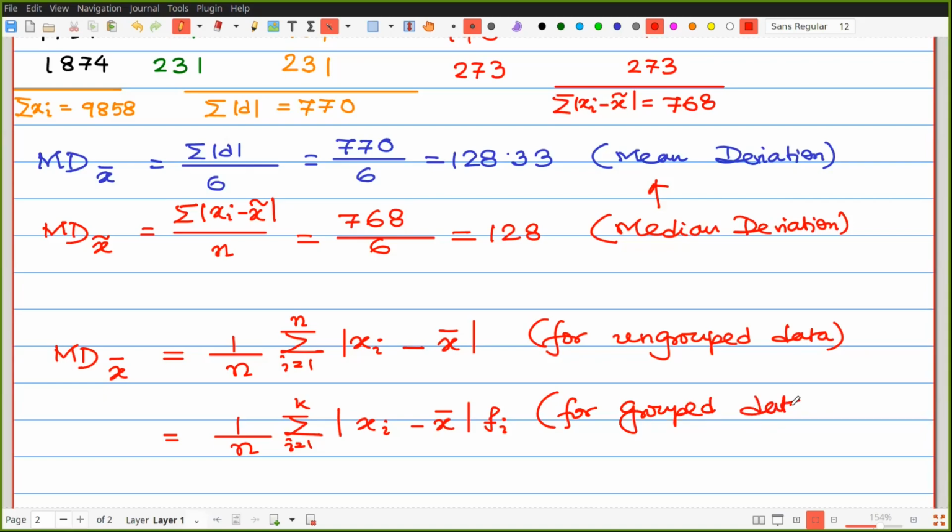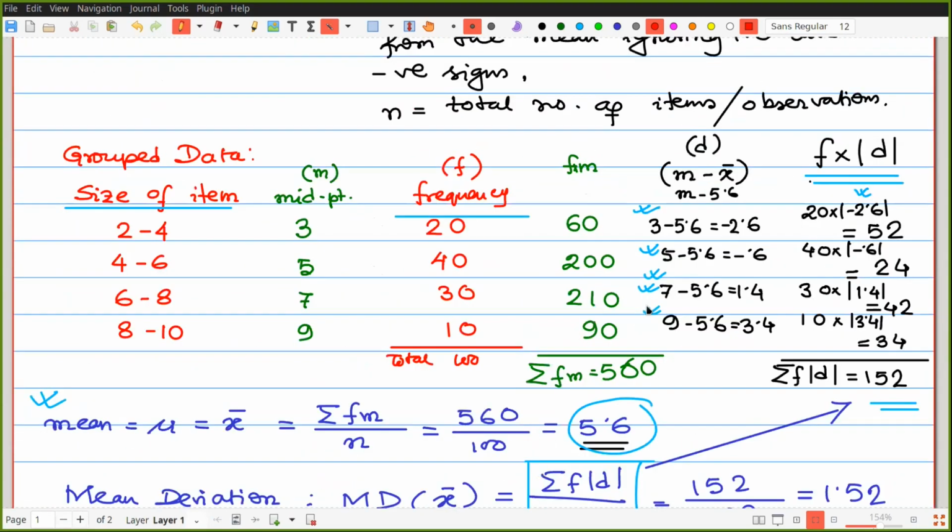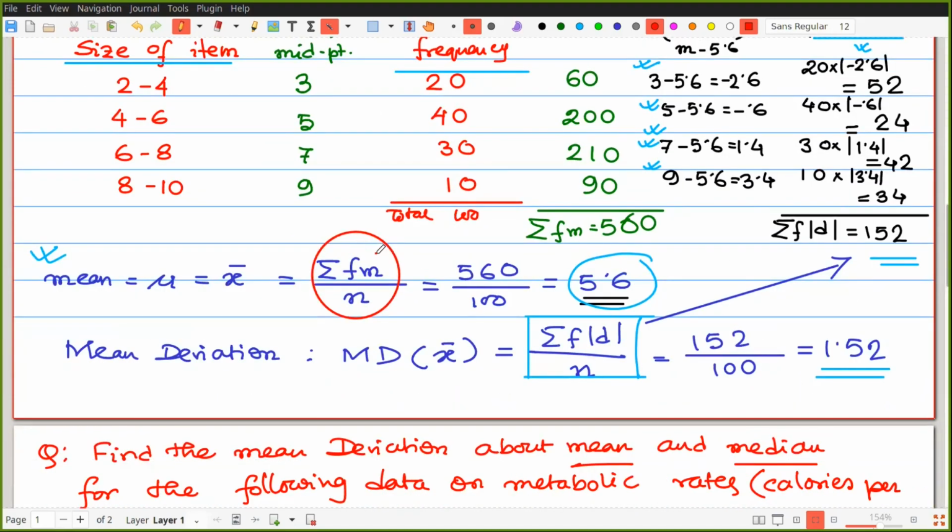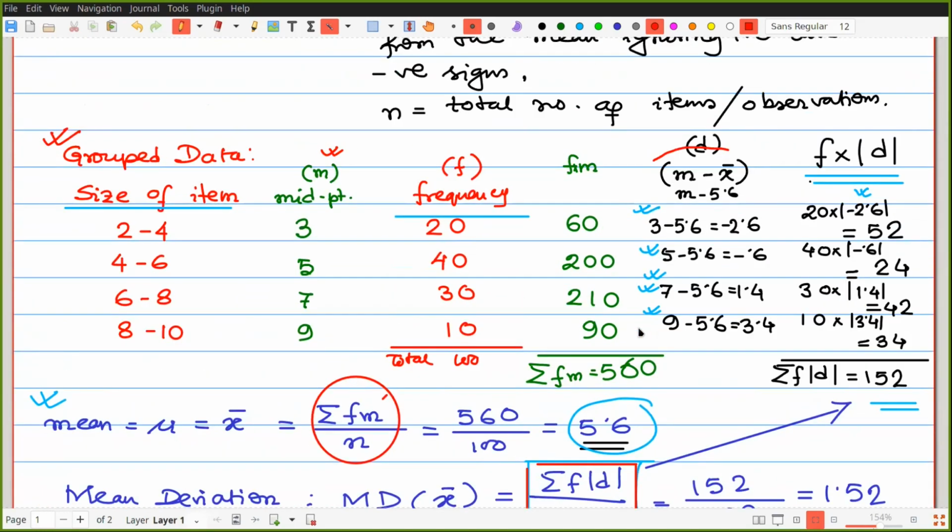Let's check, is that right or wrong? For the first problem, we did the problem based on grouped data, and there we wrote summation of fd, not fm, for the mean. Then for the mean deviation, summation of f into modulus of d, where d means m minus x bar.